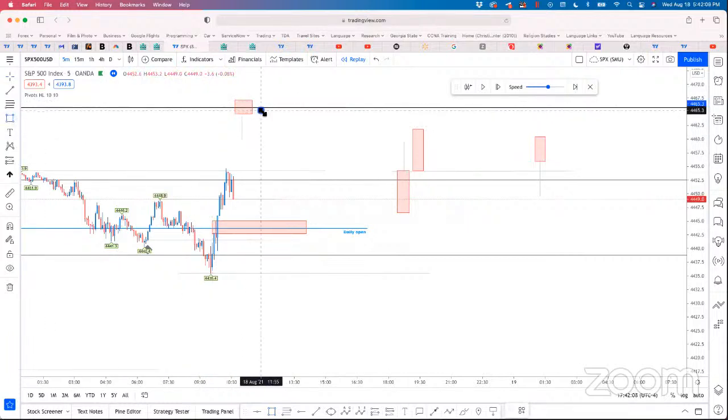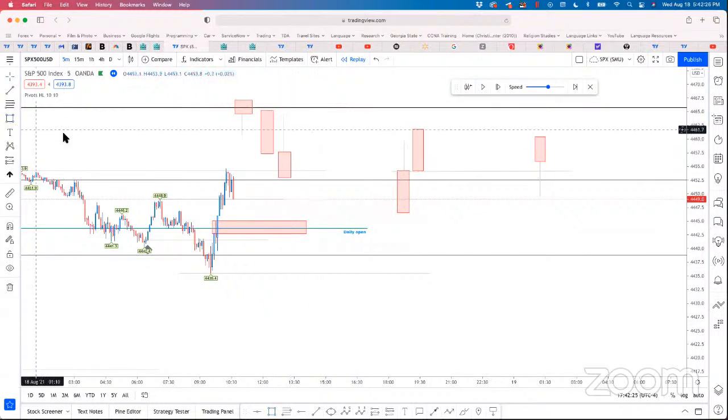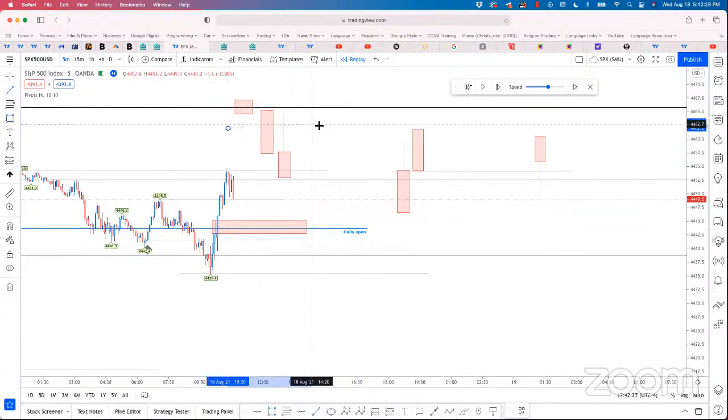Bearish engulfing candle to the downside, take out this wick, up candle with a wick to the downside. This is a sell sign right here. And then you have price rebalance like this.